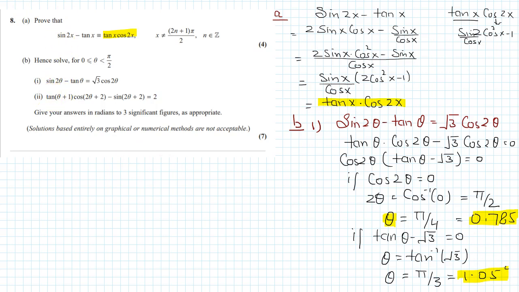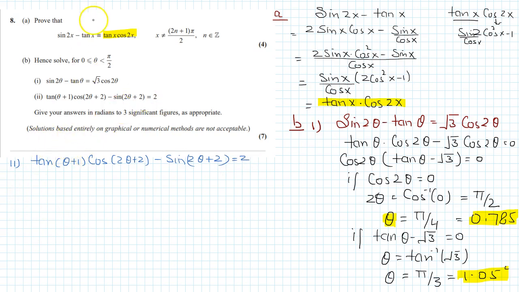Second part is tan theta plus 1 over cos 2 theta plus 2 minus sin 2 theta plus 2 is equal to 2.